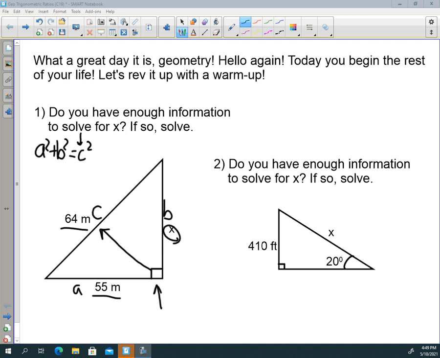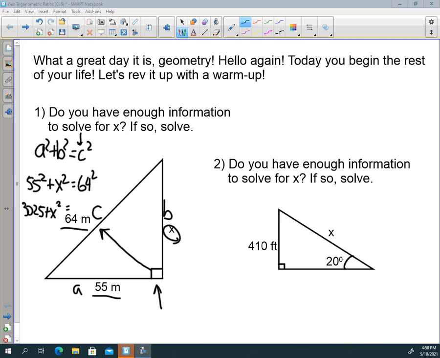If A is 55, I'm probably going to run out of room, but that's all right, plus x squared, because that's what we have for B, and then C is 64 squared. We can start to solve this. I'm going to grab a calculator real quick. 55 squared is, oh wow, 3025, plus x squared equals 64 squared, which is going to be huge.